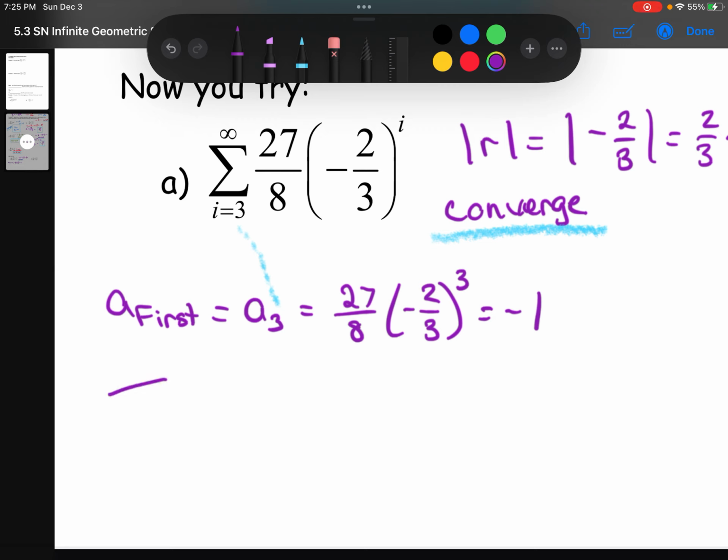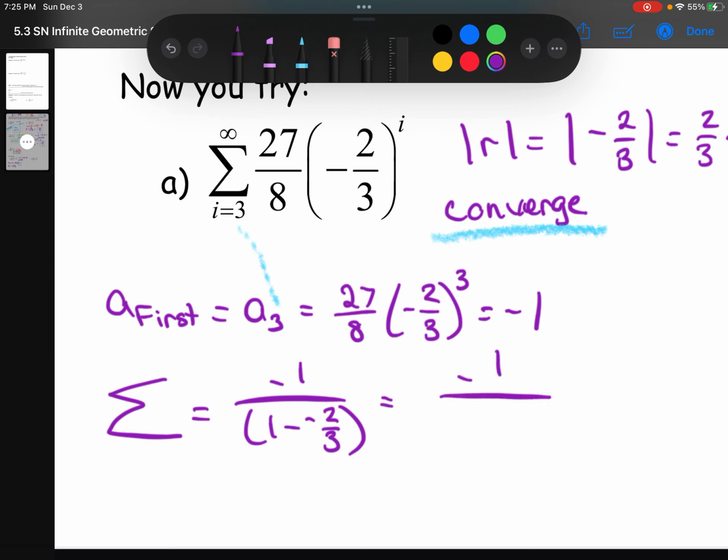And now to find the sum of those terms, it would be A first, negative 1, over 1 minus R. R is negative 2/3. So you can put that in as negative 1 over 1 plus 2/3, because that minus negative does turn into a plus positive.